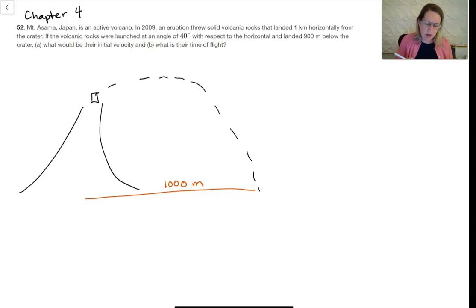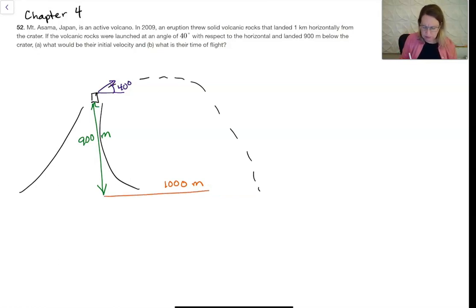And if they were launched at an angle of 40 degrees, it's not really a good 40 degrees, but let's say that's 40 degrees, and then landed 900 meters below. So that's our 900 meters, our 1,000, we're going to set up like this.